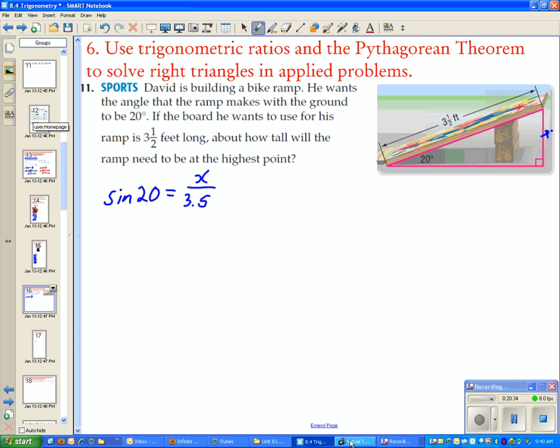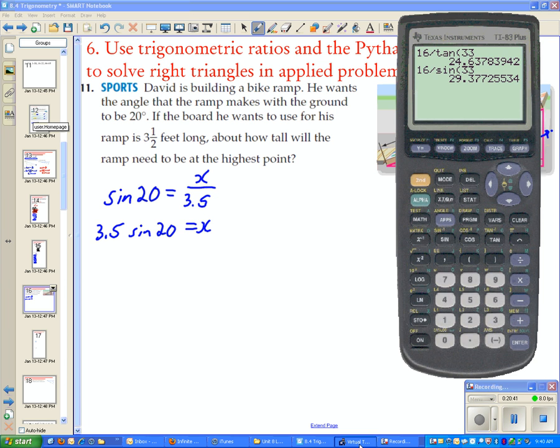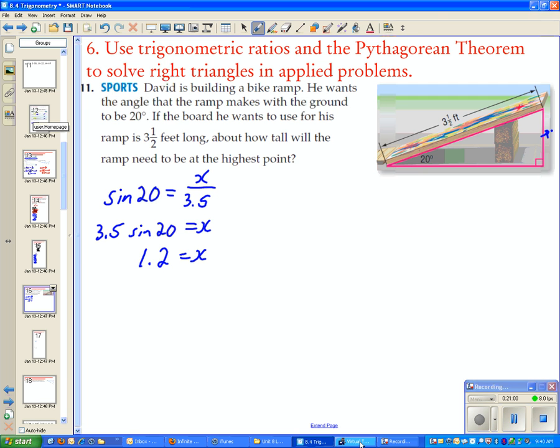So multiply both sides by the denominator. And let's see what our calculator has to say about it. 3.5 times the sine of 20. So about 1.2 is the height. So what's that in? Feet? About 1.2 feet is the height of the ramp. Got it?